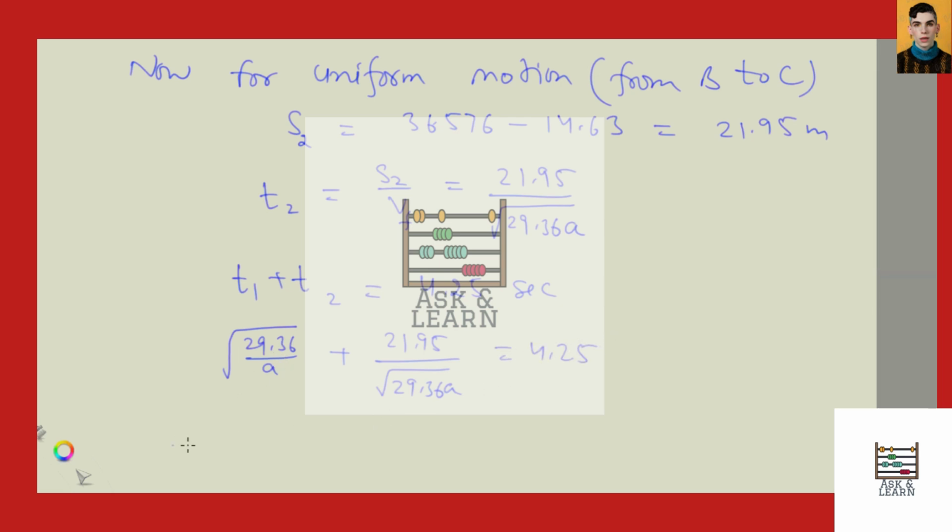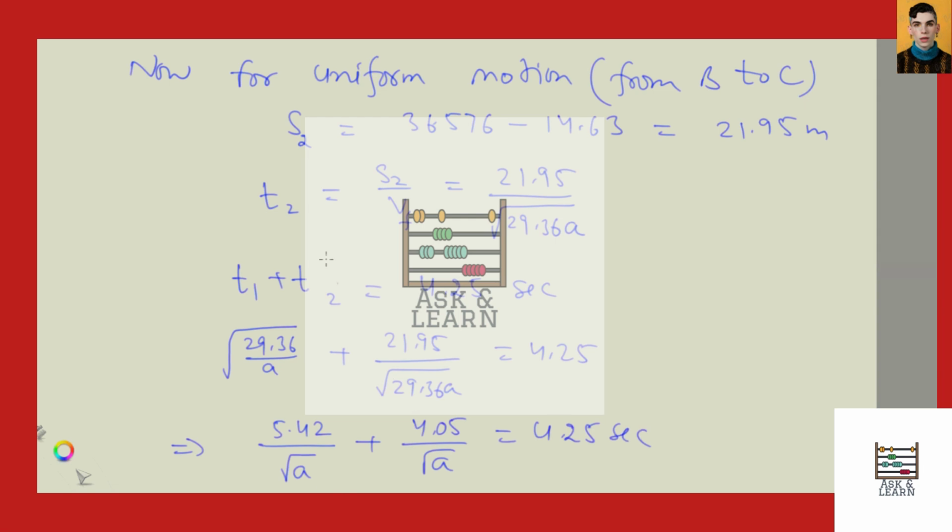Now, if we take the square root of this 29.36, it comes out to be 5.42. In the denominator, it remains the square root of A. Plus here also 21.95 will be divided by the square root of 29.36, which is 5.42. We will get here 4.05 divided by square root of A equals 4.25 seconds again.